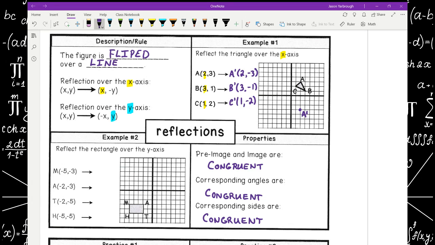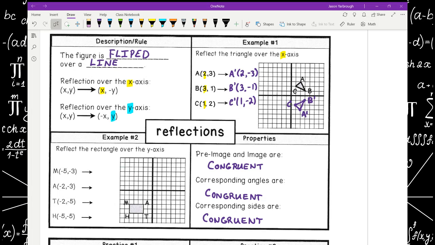B prime, we go right 3, down 1, and we're going to put a B with an apostrophe. And then for C prime, we go right 1, down 2. There is C prime. We're then going to connect those 3 dots, and there is our new shape.